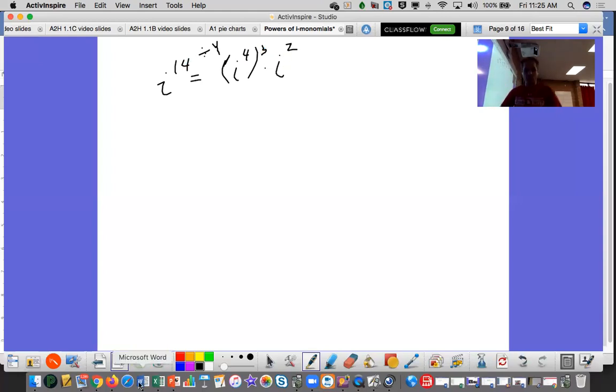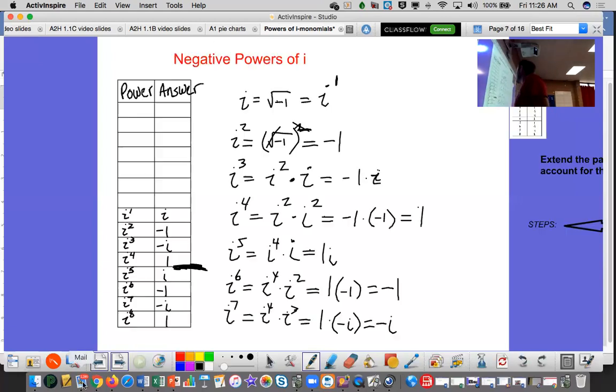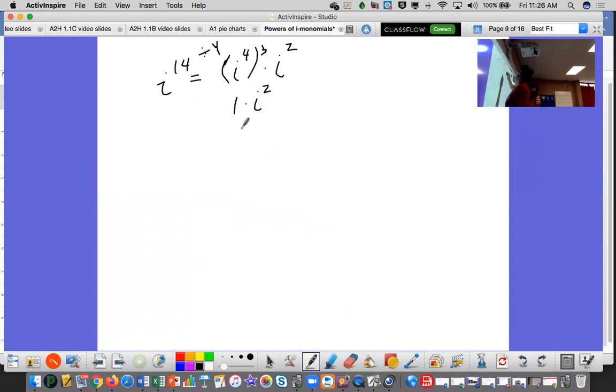And I'm trying to get you to a place where you don't have to constantly do this breaking down, so we can eventually make a rule. This would be a 1, and i squared, from our previous slide, equaled negative 1. So this is 1 times negative 1, which is negative 1.